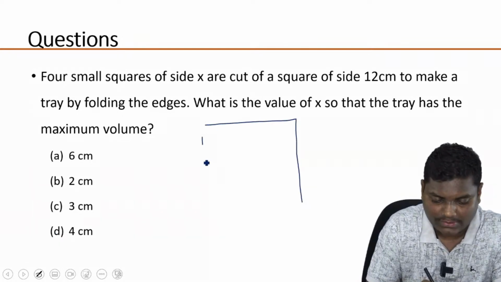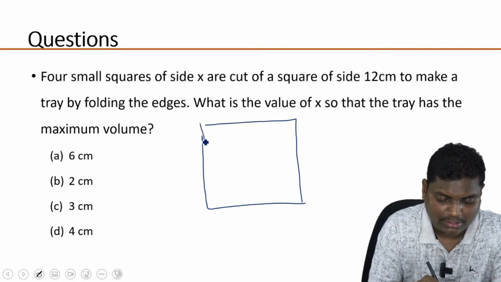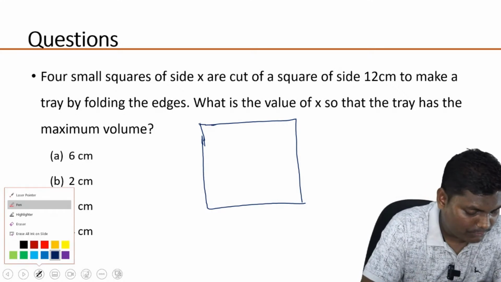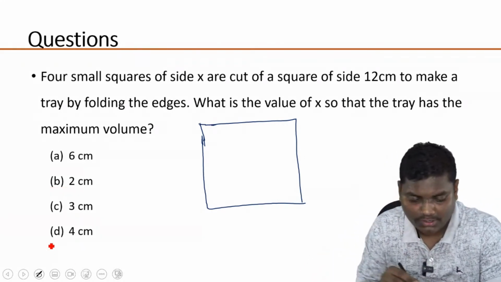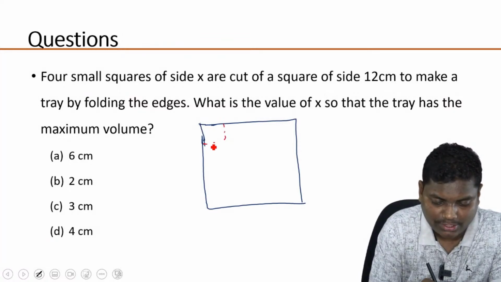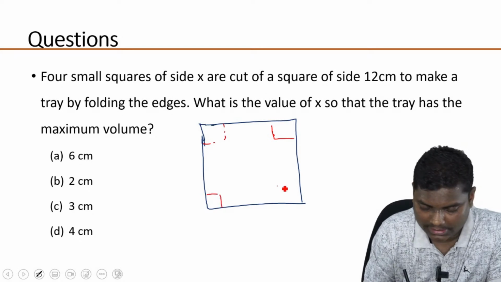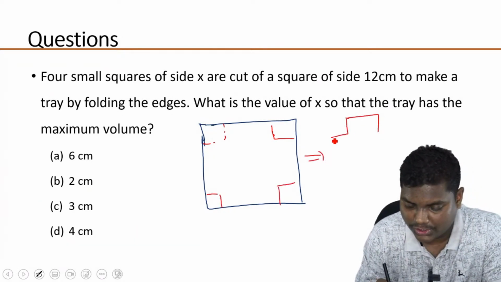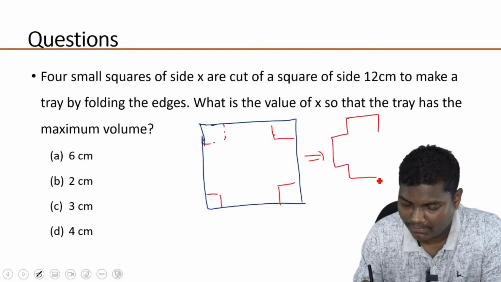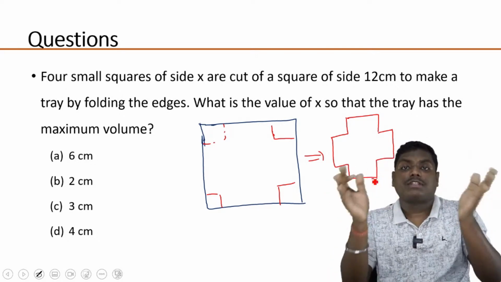If this is a square tray you are having, and it is said to fold, how can you do it? You have to cut the edges. Basically you have to remove this square, this and this area, so you will be getting something of this shape, because you have removed 4 corner squares so that they can be folded.